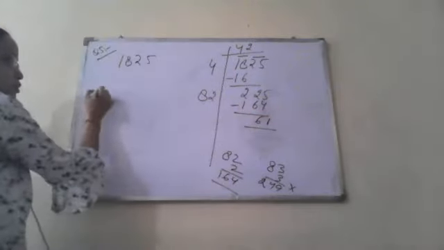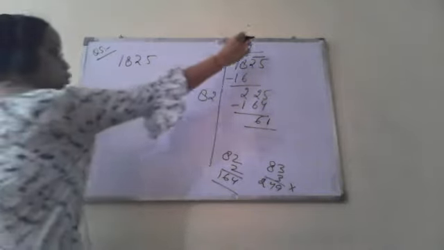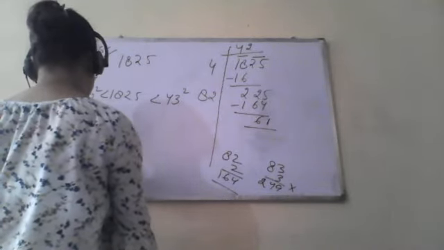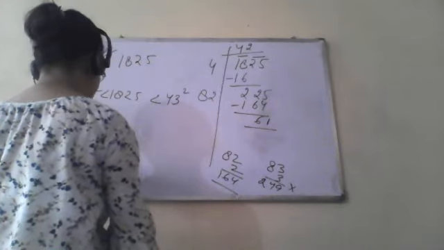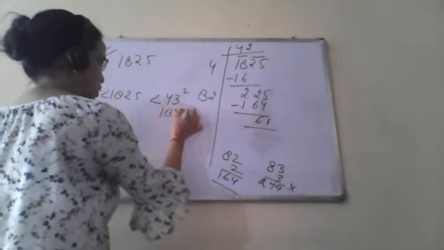So what we do? This is 1825. It is greater than the square of 42 and it will be less than the square of 43. So 43 squared will be 1849.